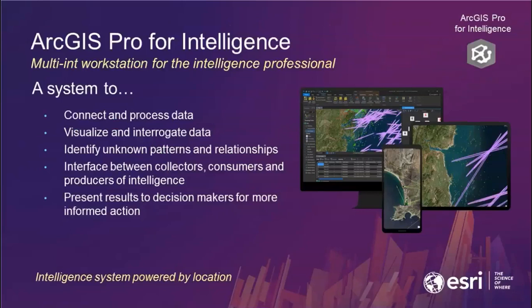It empowers you to connect and process data, visualize and interrogate the data, identify patterns and relationships, interface between your field collectors, your data consumers, your producers of intelligence, and more important, allows you to present the result to your decision maker for better informed action, such as the story map that Brian just showed you with all the results of your analysis. So it's an intelligence system powered by location.